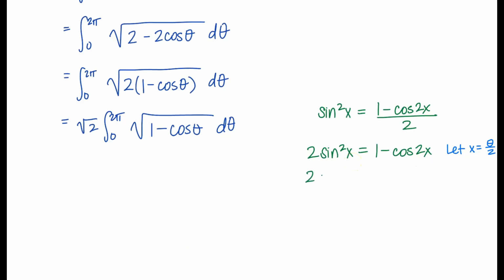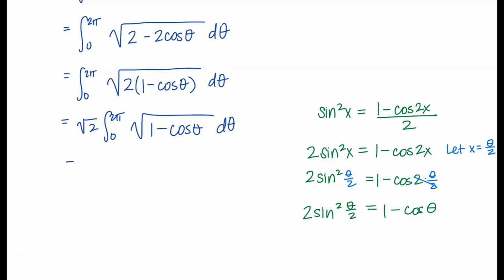So we're going to have 2 sine squared of theta over 2 is equal to 1 minus cosine of 2 times theta over 2. So the 2 over 2 cancels, and my right-hand side is 1 minus cosine of theta. That's exactly what I have underneath my radical here. And what I just showed that was equal to is 2 sine squared of theta over 2. So now I can go ahead and replace 1 minus cosine theta with 2 sine squared of theta over 2.